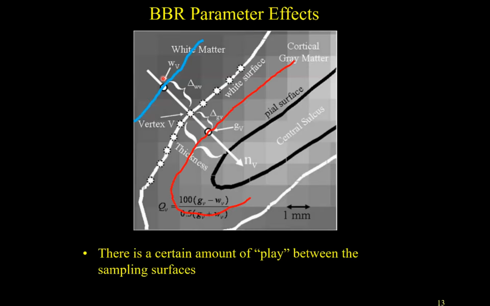And then the second one is the white matter surface projected into, say, the middle of cortex. And so between those two, there's a little bit of play. So you can imagine that that would create a circumstance where you could move this thing around a little bit, and you're really not going to get a change in the cost function all that much.